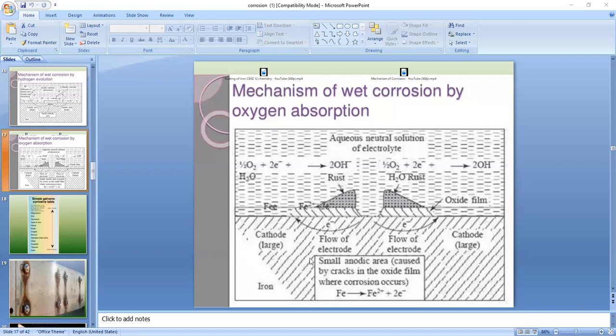The remaining leftover part of the metal behaves as a cathode. That's the reason why we find a large cathodic area, and the areas where the rust is formed act as a small anodic area. These are the small anodic areas formed on the surface of the metal.